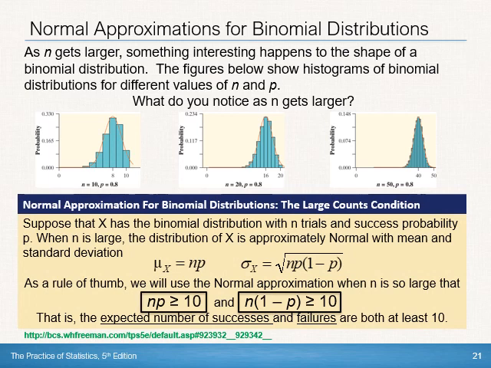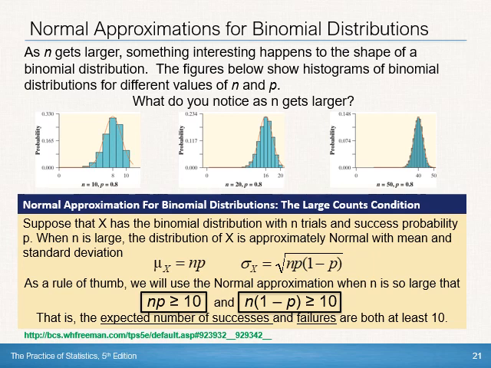So what this boils down to is that sometimes, even though a binomial distribution is discrete and a normal distribution is continuous, we can approximate a binomial random variable with a normal random variable if these two conditions hold.